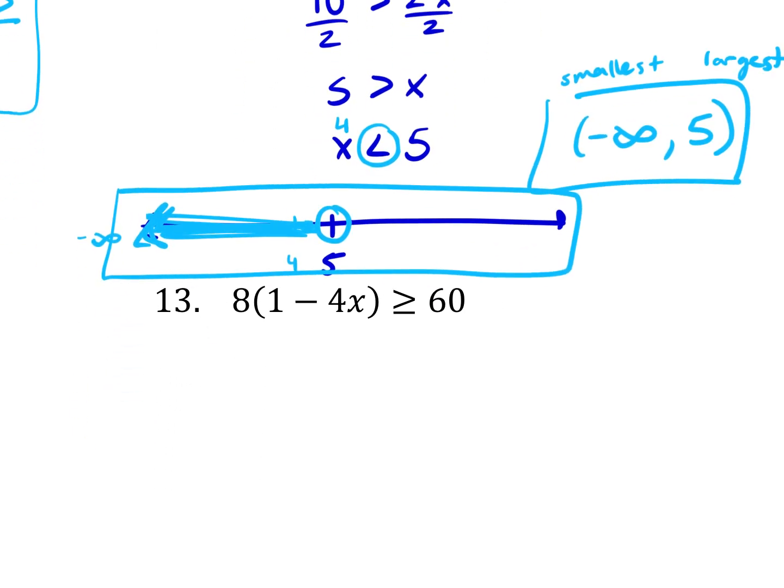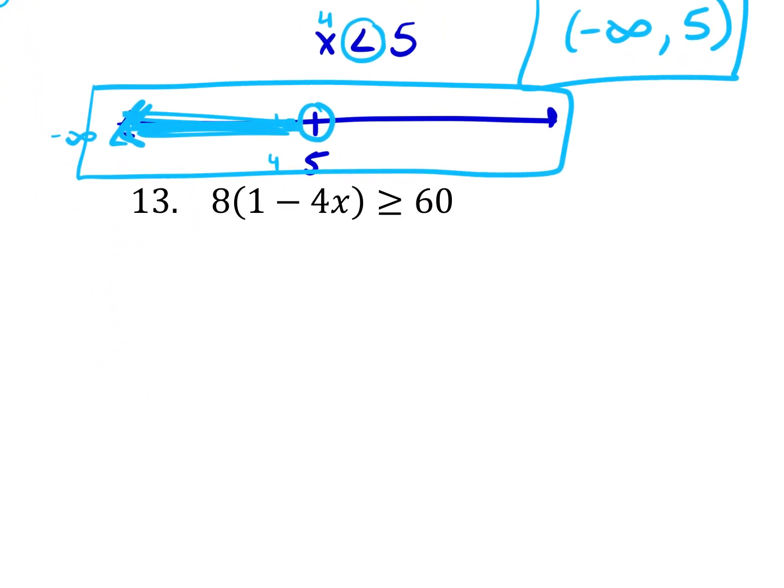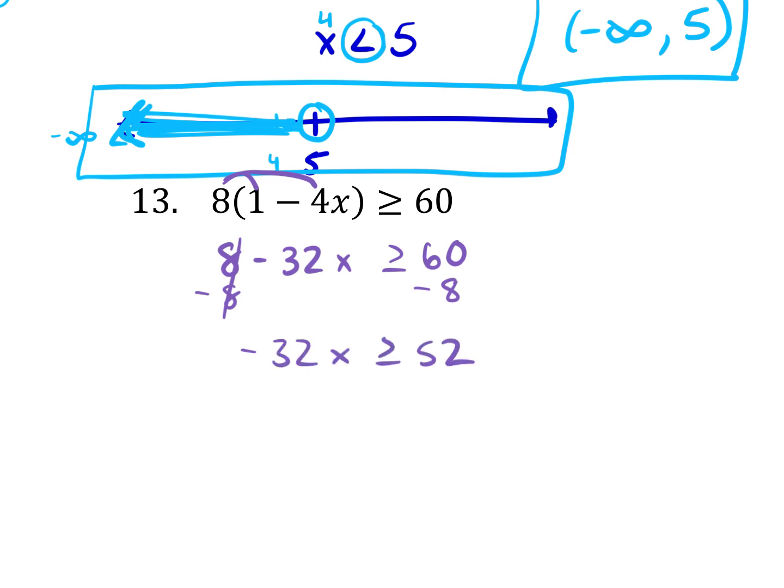Let's do 13. What should I do first for 13? Distribute the 8. So we have 8 minus 32x is greater than or equal to 60. What's next? Minus 8. So negative 32x is greater than or equal to 52.